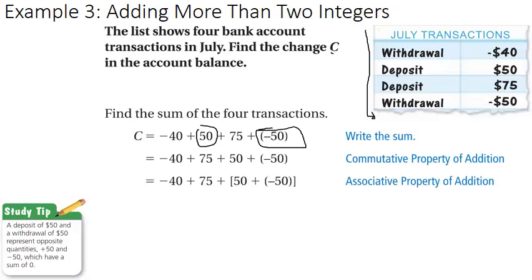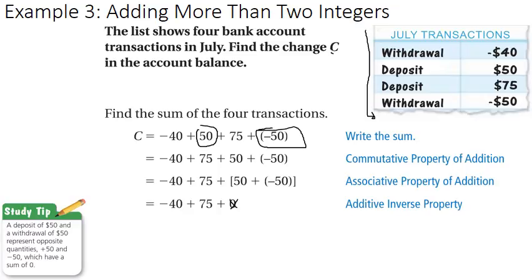So by using the associative property, we can say, oh, it doesn't matter what order that we add these in, but we can now use our additive inverse property to get that canceled out to 0. Okay, once that 0 is there, we can basically just ignore it and cross it out, and we can say, hey, all I have is a negative 40 plus a 75, and it's back down to two numbers that I can easily add together.